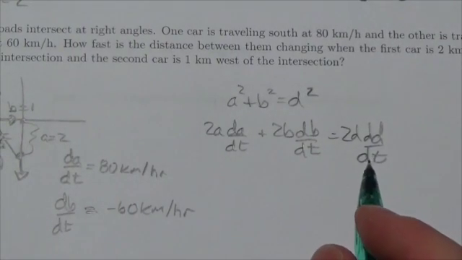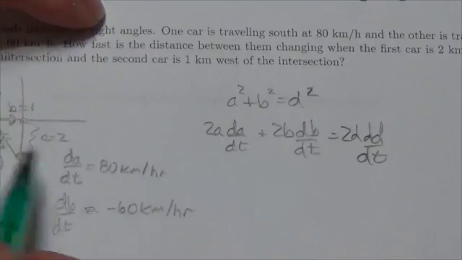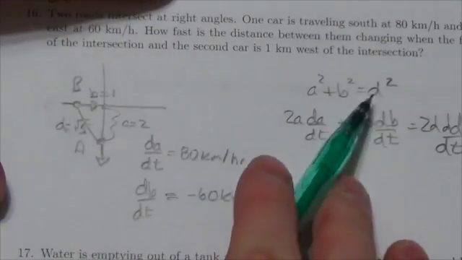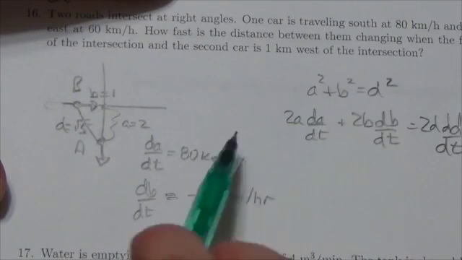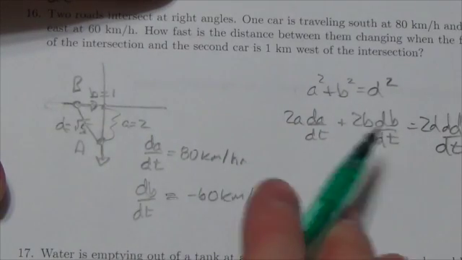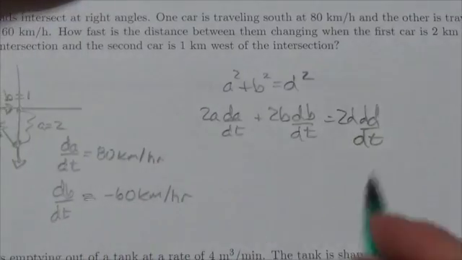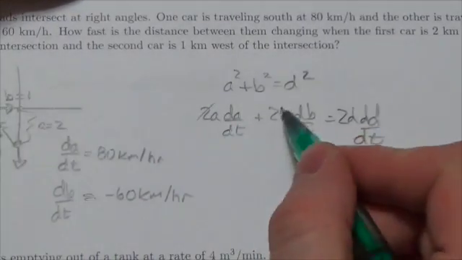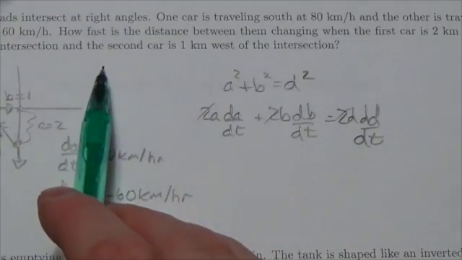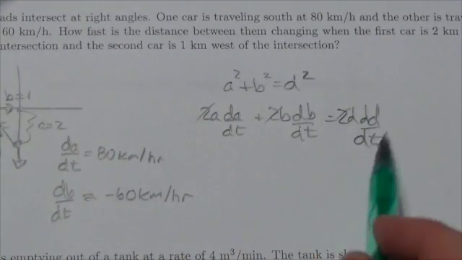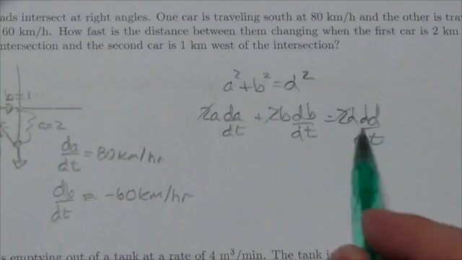And again, the reason I'm not plugging in these numbers first is because all of these are variables. None of these are staying constant in time. They're all changing, so I have to take the derivative first, and now I can start to simplify. I can cancel out those 2's. Notice that I'm trying to solve for how fast the distance between them is changing, so I'm looking for dd by dt.